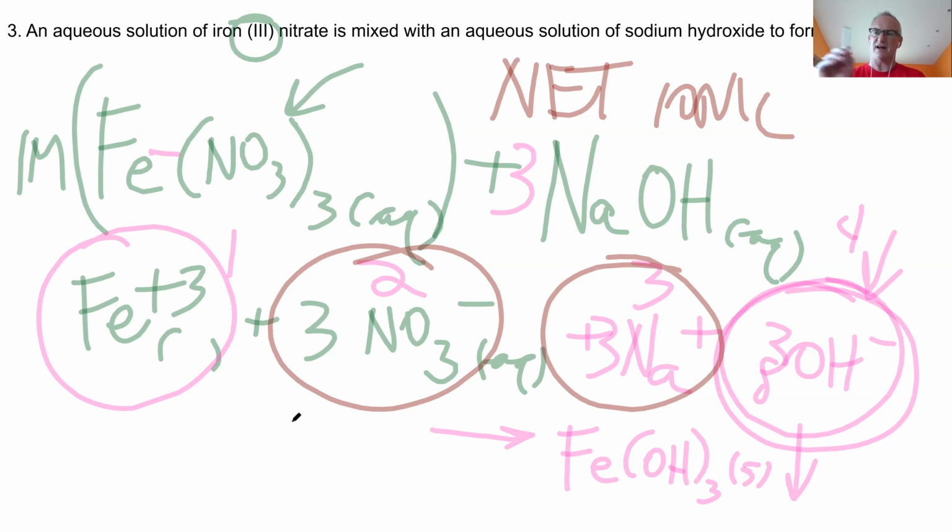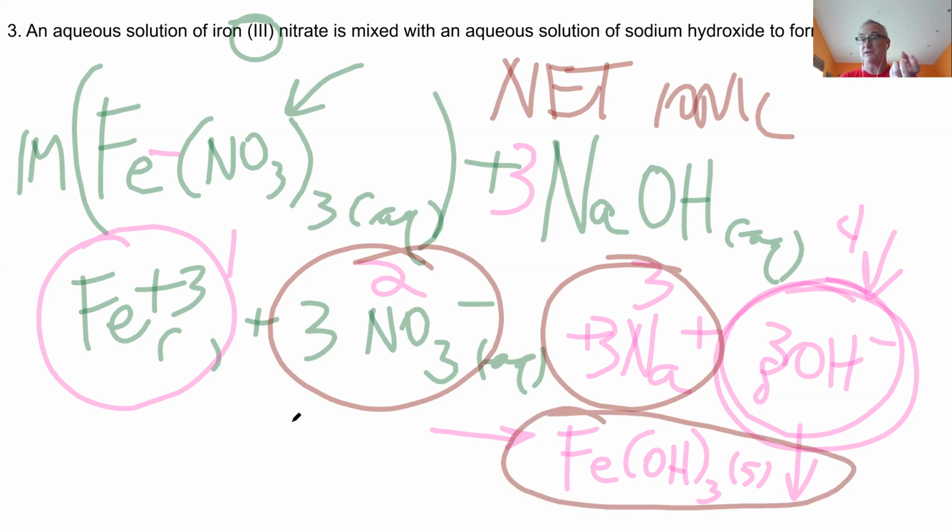So what is our net ionic reaction here? What actually happened in solution to form a product? What are our reactants? What is our product? Well, we know what our product is. Our product is right here. That's the product of the reaction. It's a precipitation reaction, and so a solid was formed and it precipitated. That is our product. What are the reactants?